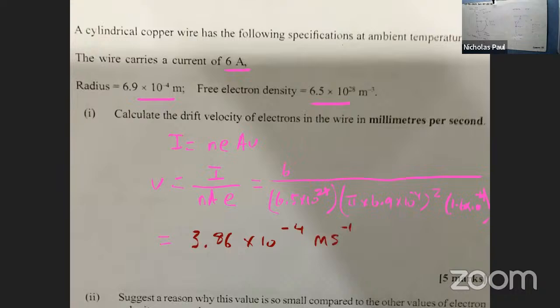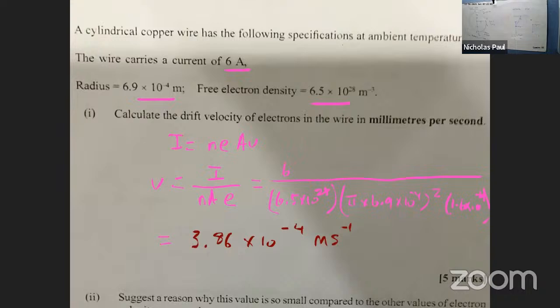What's the value in meters? 6.9 by 10 to the minus 4, squared, right? That's the radius. Remember, the radius squared by pi by the charge of an electron.